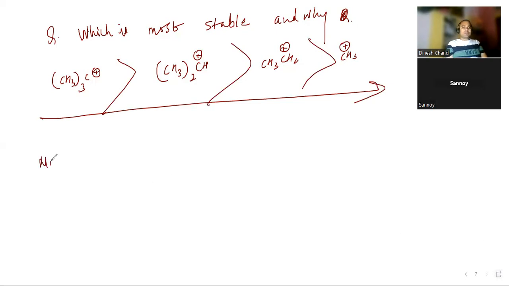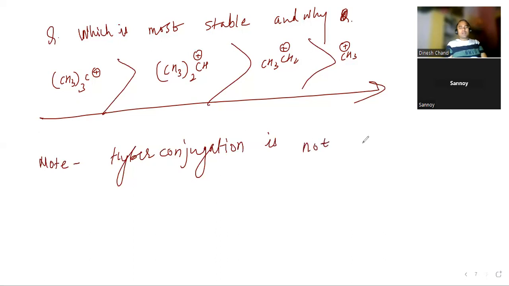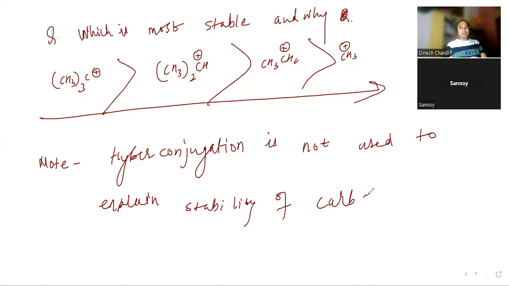So one thing, note: hyperconjugation is not used for the stability of carbanion. Carbanion is the negative carbon.